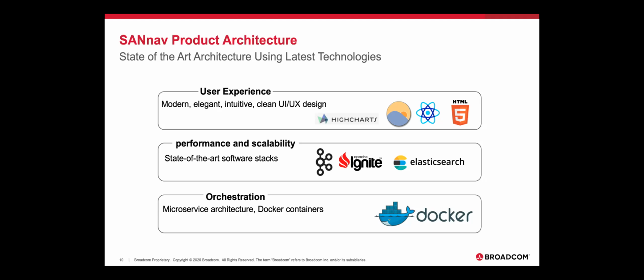The third item on the right is Elasticsearch. That's part of an open source package called ELK. You may have heard of it as Elasticsearch, Logstash, and Kibana. There are 3 packages. We only use the E part of ELK, and that's called Elasticsearch. It's used for providing searches in SANNAV.